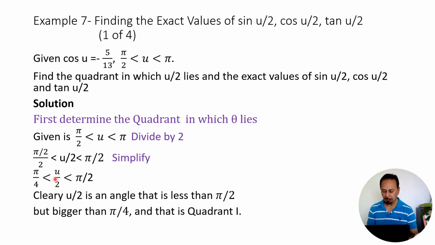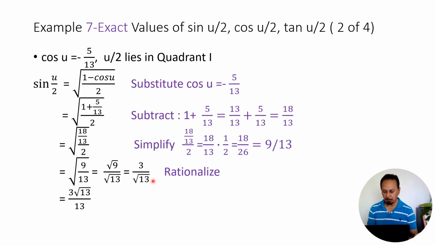So it looks like u over 2 is in quadrant 1, because the angle is less than pi over 2 but bigger than pi over 4. So we just found cosine u equals minus 5 over 13 and u over 2 lies in quadrant 1.